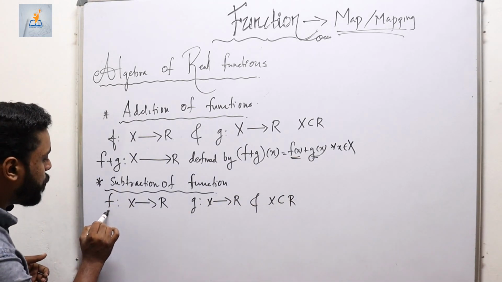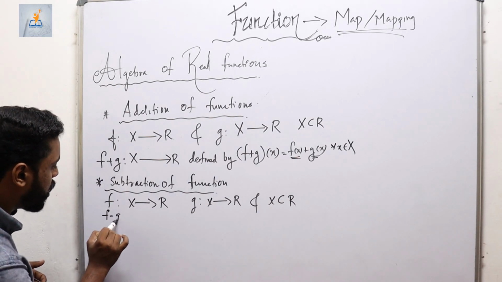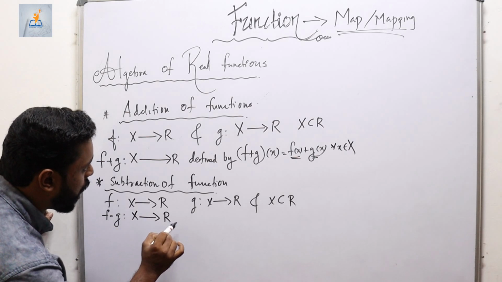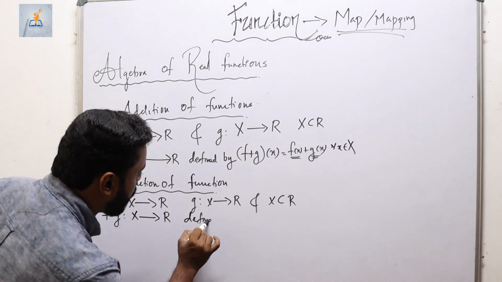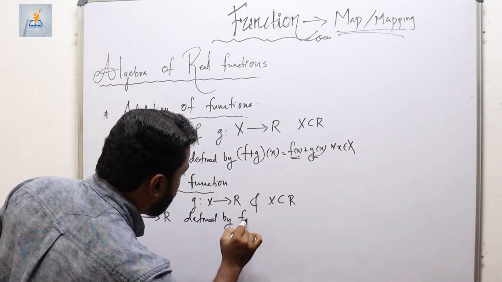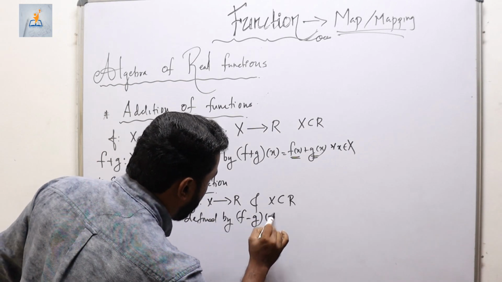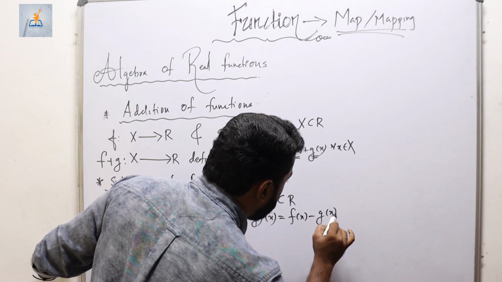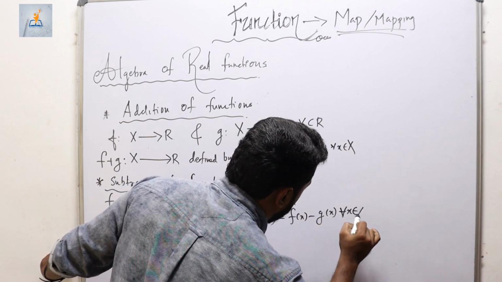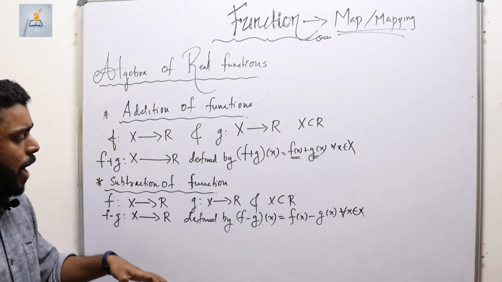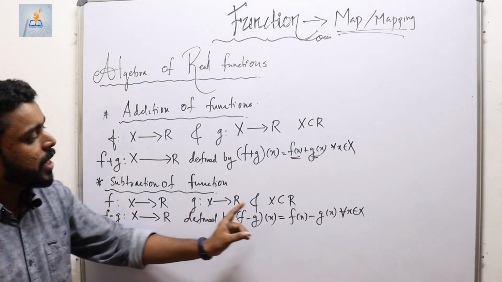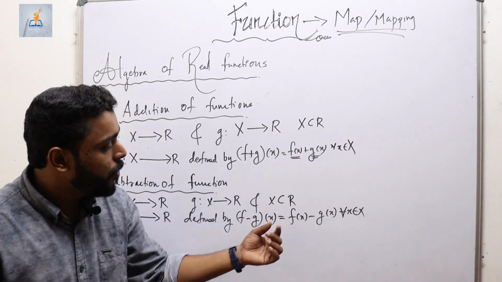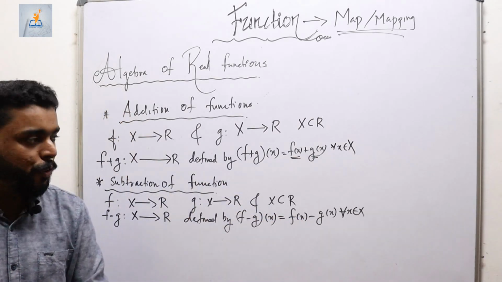Then f minus g is also a function from X to R and defined by f minus g of x is equal to f of x minus g of x for every x element of X. So whenever we are asked to subtract two functions, just subtract the individual functions for every input value. We will get f minus g of x.